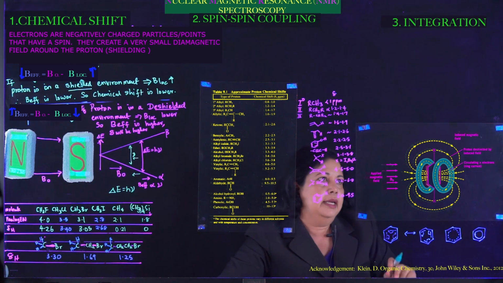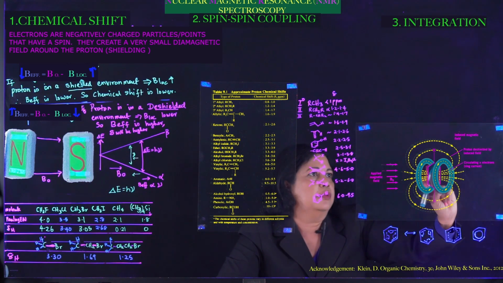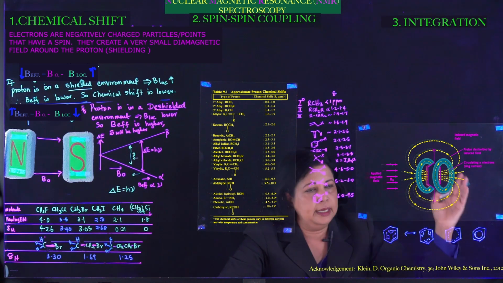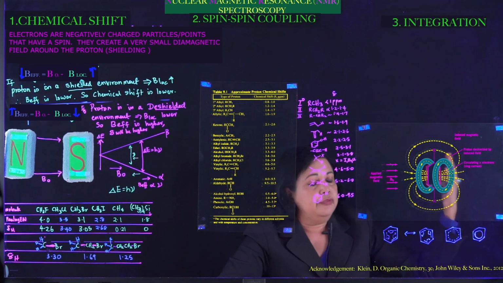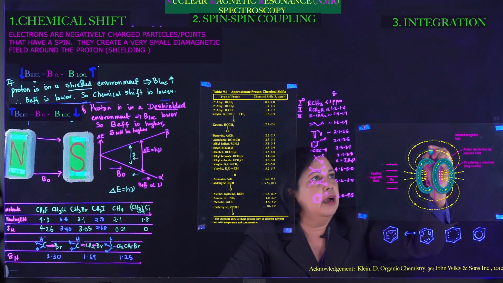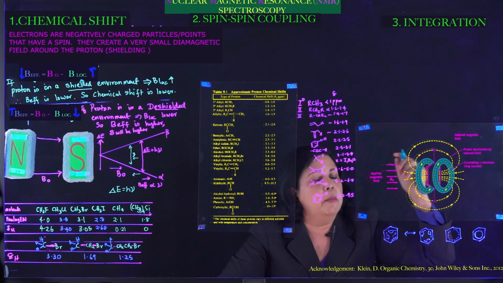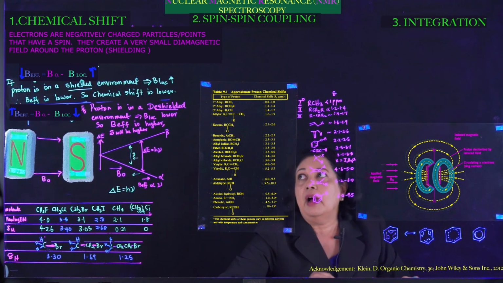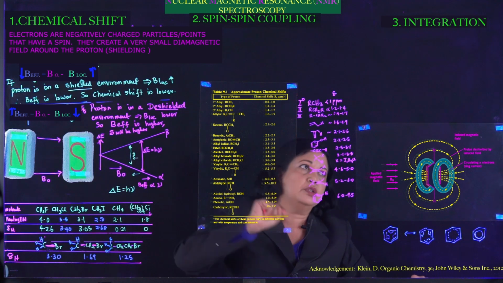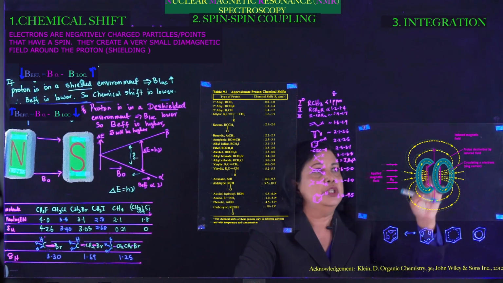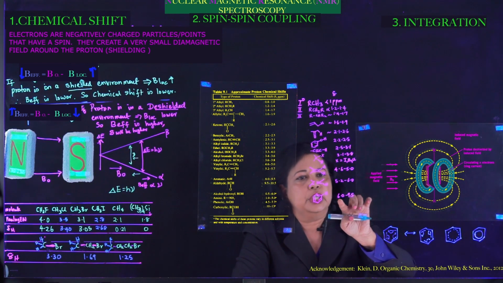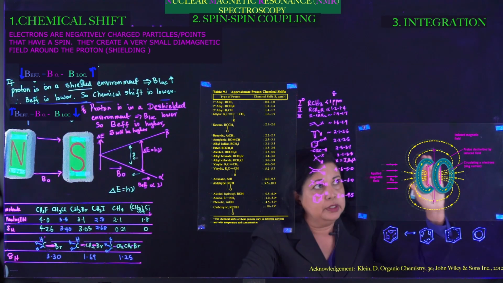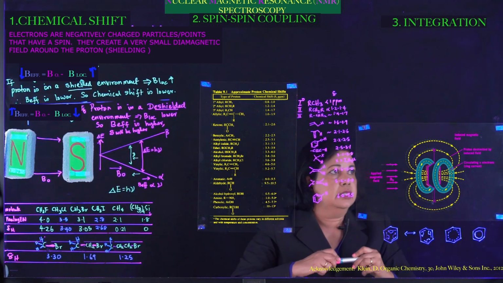So when the applied magnetic field and the ring current created by circulating pi electrons are in the same direction, then the B effective is high. So these hydrogens are experiencing a much higher magnetic field. When the magnetic field is higher, then you know the frequency is also going to be higher, which is the reason why you have such a high number for these hydrogens, mainly because of the electron ring current.